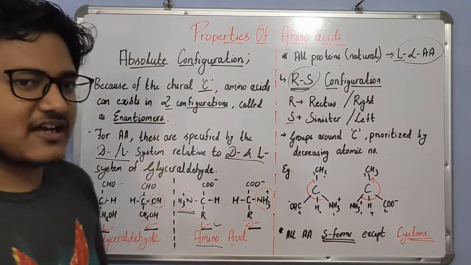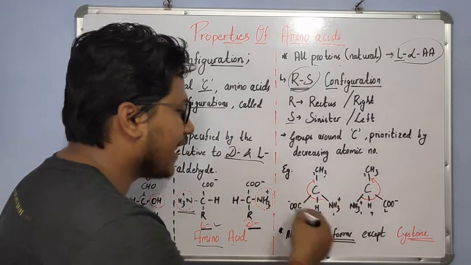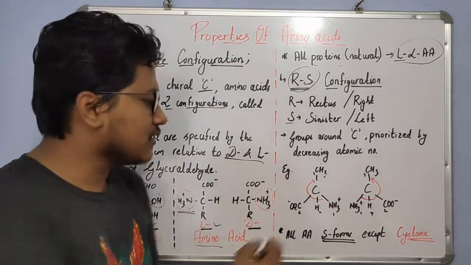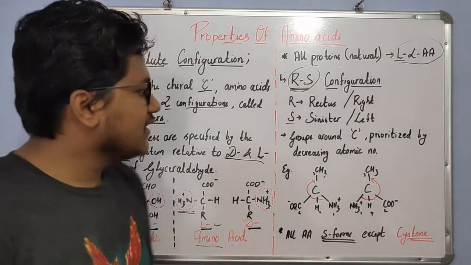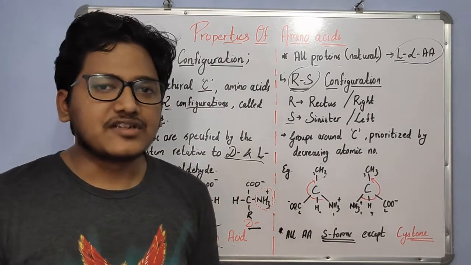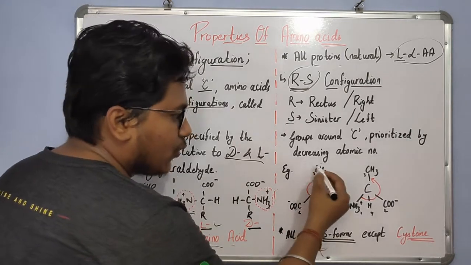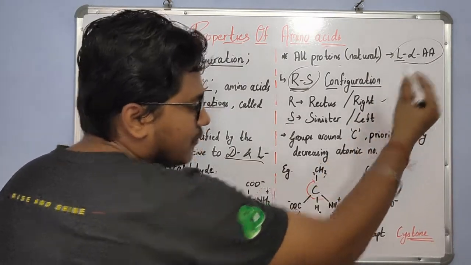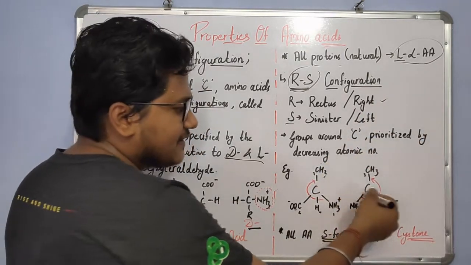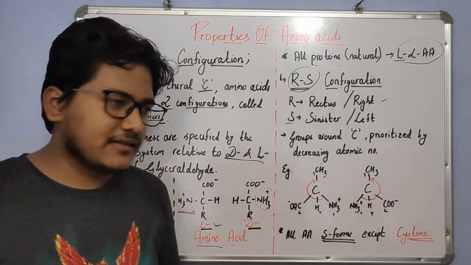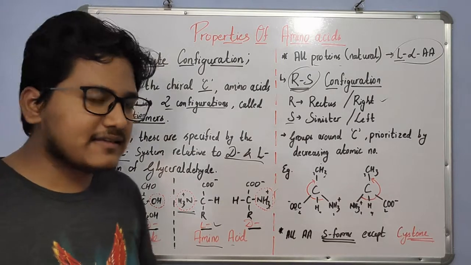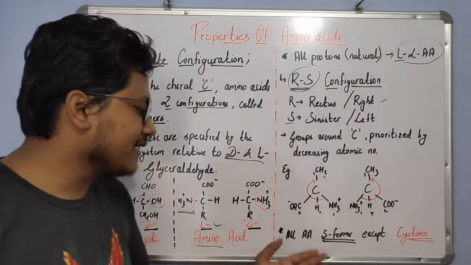So on this basis, depending on whether the priority series around the carbon atom runs clockwise or anti-clockwise, the RS configuration is determined. Clockwise, that is right, is the rectus form, and anti-clockwise, that is left, is the sinister form.